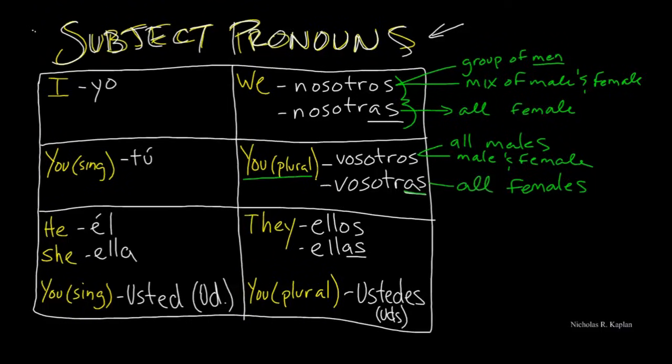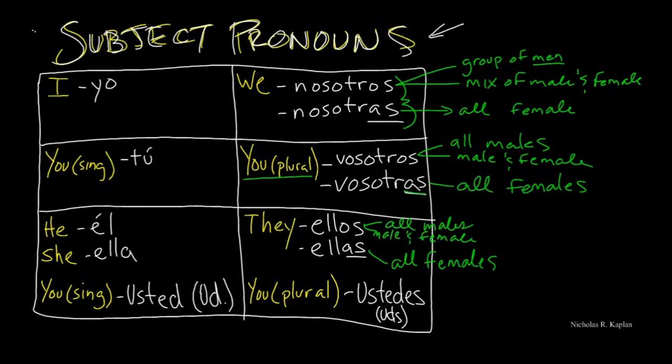So this follows the same when we have the ellos form. If we're saying how are they doing or they are dancing, we're referring to all males or referring to all females. And then if we have male and female, we would use that form.